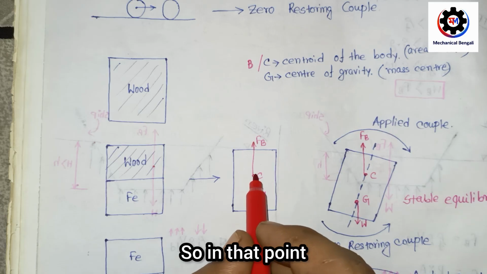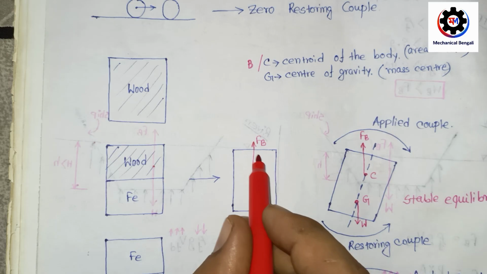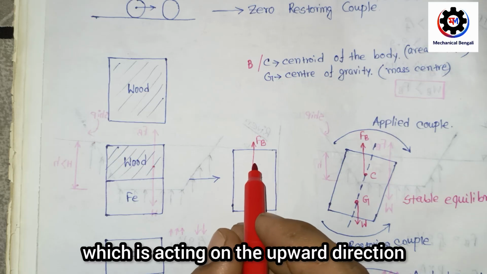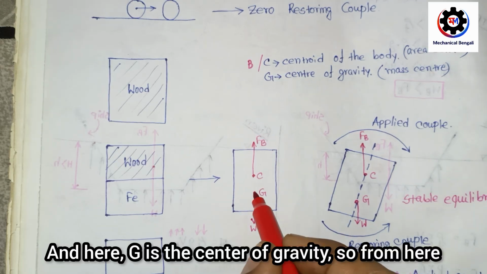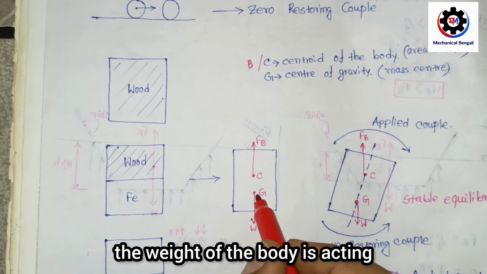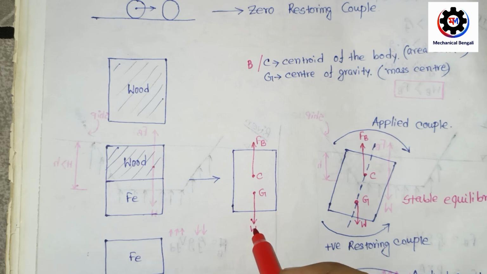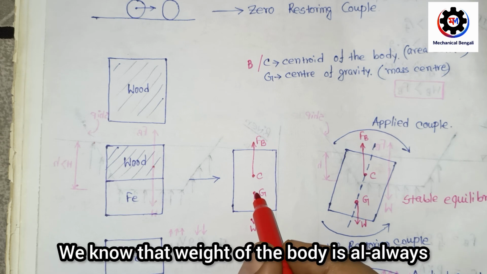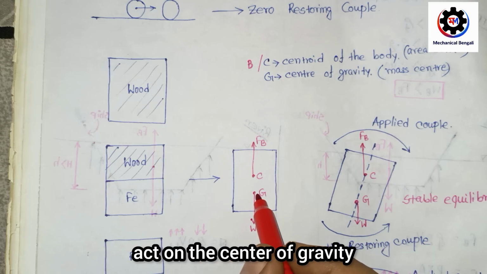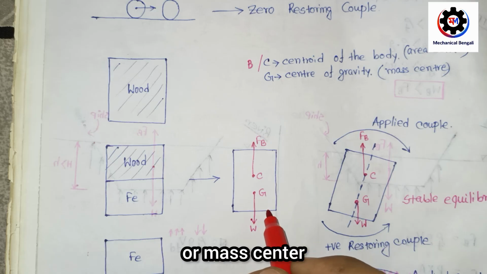From this point the buoyancy force acts in the upward direction, and G is the center of gravity. From here the weight of the body acts. We know that the weight of the body always acts on the center of gravity or mass center.